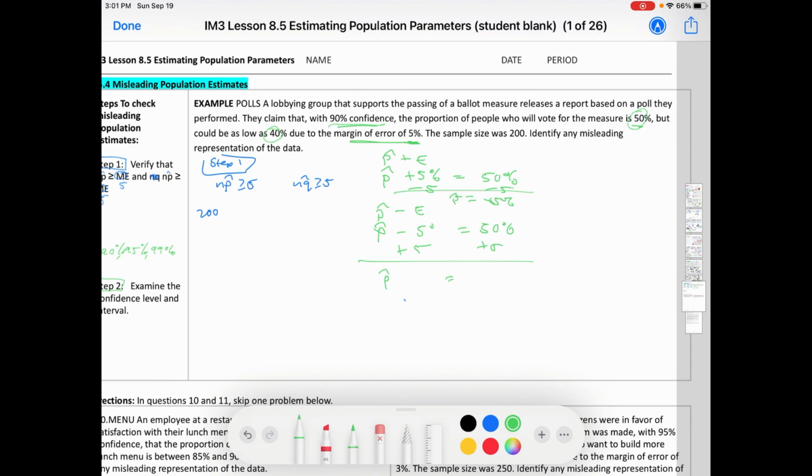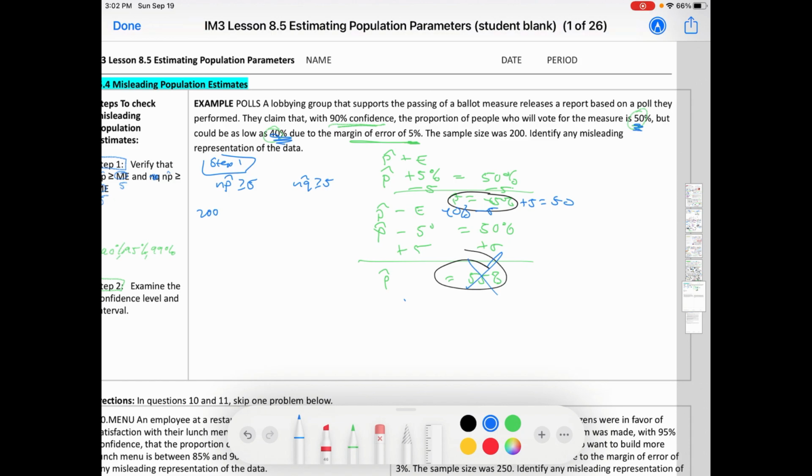Does this make sense? Let me highlight those 2 numbers. So if I know that it's 45, it has to be 45%. And I'll tell you why. Because if I add 5, I get 50%, because that's the high. And if I subtract 5, I get 40% as the low.